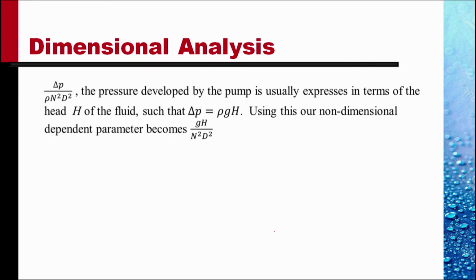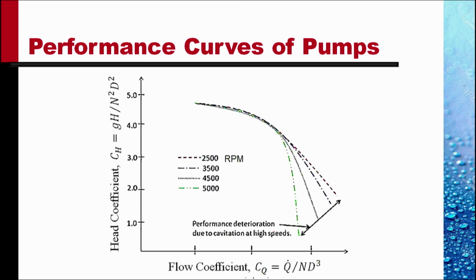So delta P divided by rho n squared d squared is the pressure developed by a pump, which is usually expressed in terms of the head h of the liquid, such that delta P is equal to rho g h. Using this, our non-dimensional dependent parameter becomes g h by n squared d squared, and the independent parameter is Q dot divided by n d cubed.